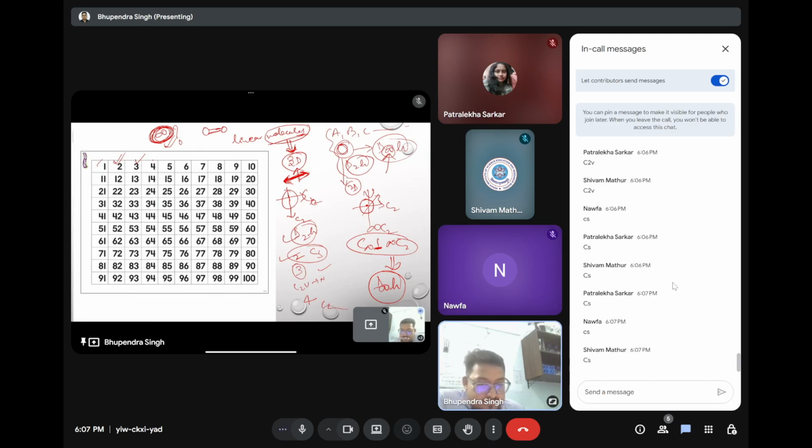Yes. Nice. Point group of 5. Yes, point group of 5, 6, 7. All of them have Cs point group, right? Okay, Patlekha is saying okay. Find, yes sir. Okay, find the point group of 8.